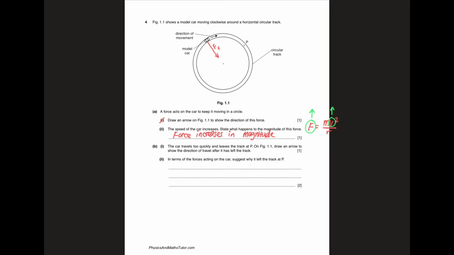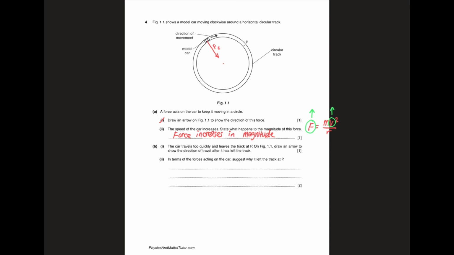Okay, now let's continue. B, part 1. The car travels too quickly and leaves the track at P. On figure 1.1, draw an arrow to show the direction of travel after it has left the track.